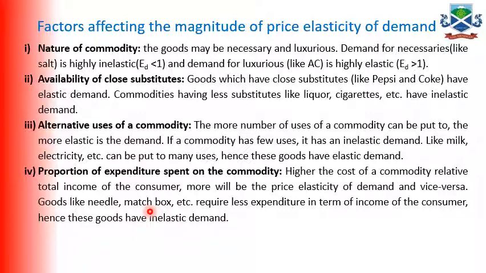You will not bother that instead of paying 1 rupee the shopkeeper is asking 2 rupees; you make the payment of 2 rupees and get it. So your demand is not responding when your proportion of expenditure is small compared to your income. Then inelastic demand will be observed.